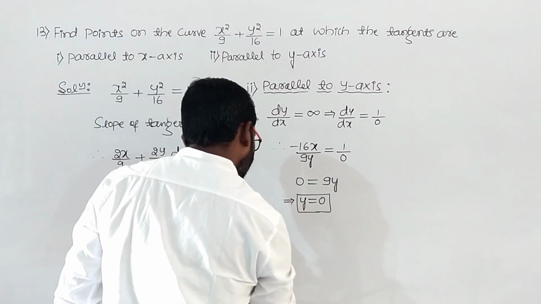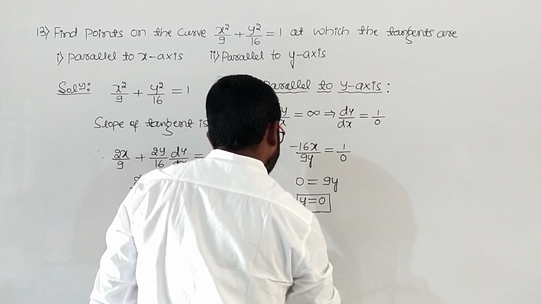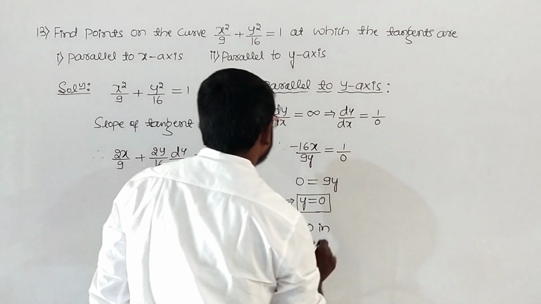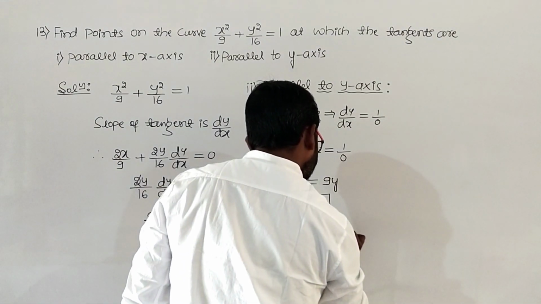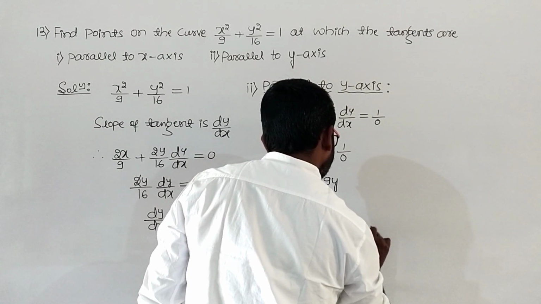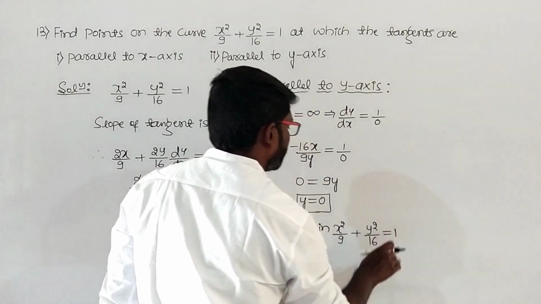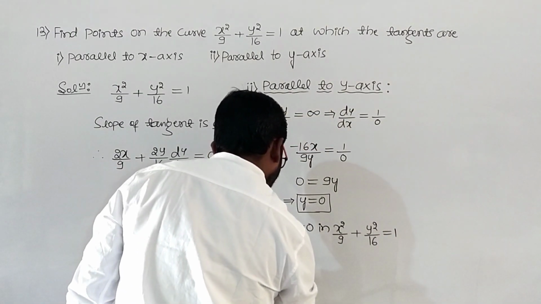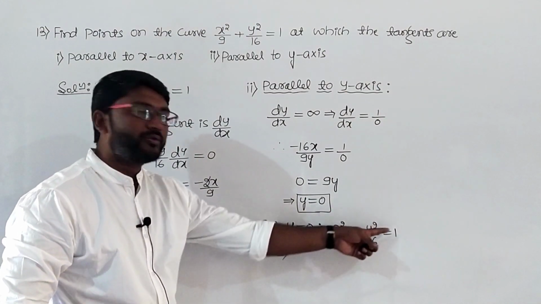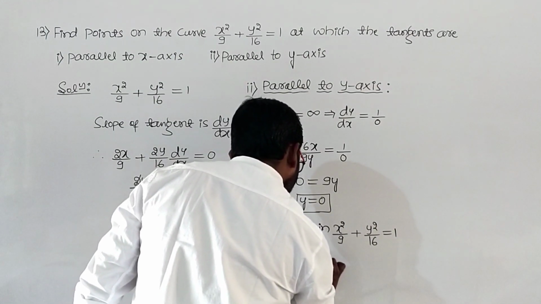Put y equal to 0 in x square by 9 plus y square by 16, which is equal to 1. So y 0 means the second term will be 0, and overall x square by 9 equal to 1.